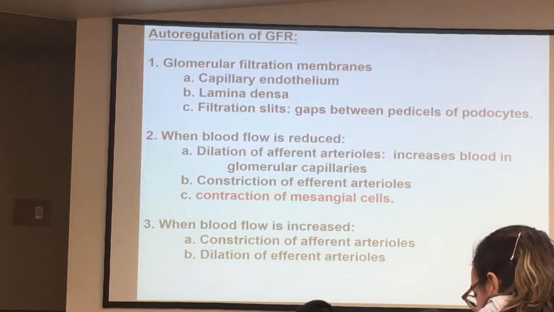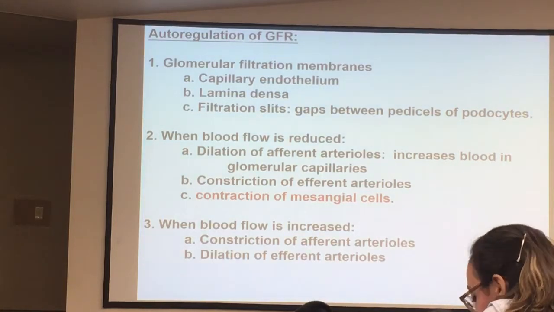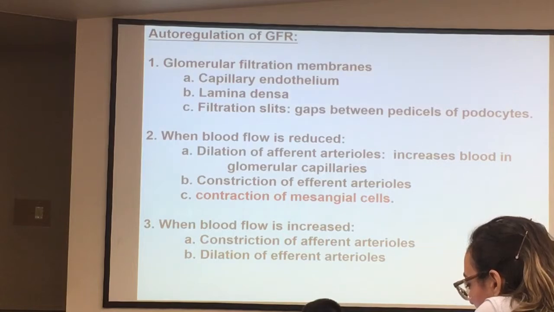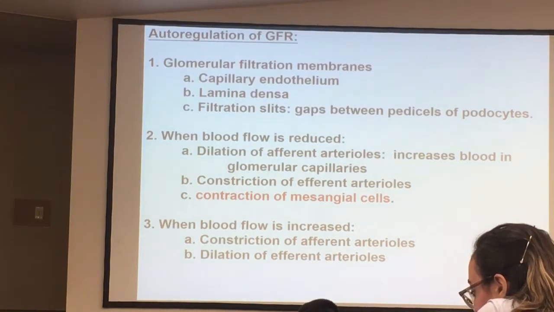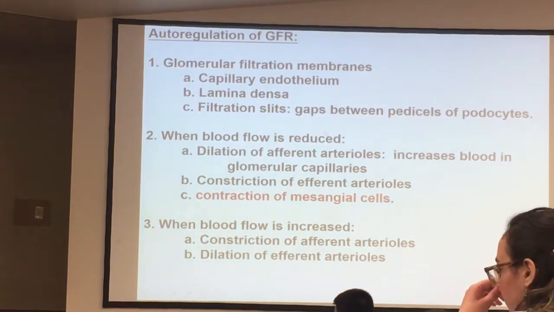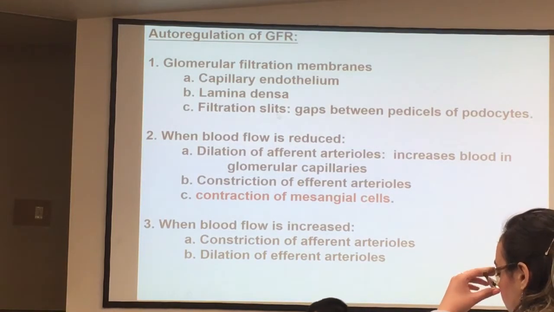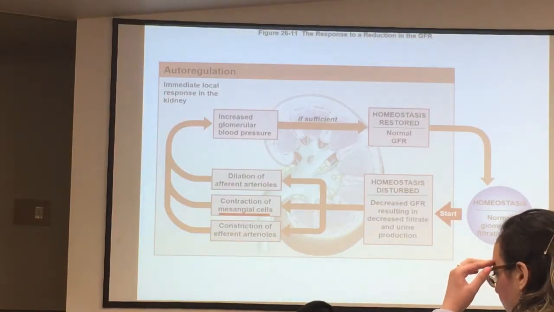We can go through this. How do we have local reflex control of this GFR? We have this filtration membrane, that means the endothelium cell of the capillary, the lamina densa, and the filtration slit.